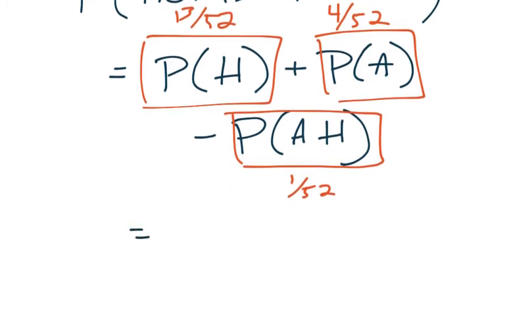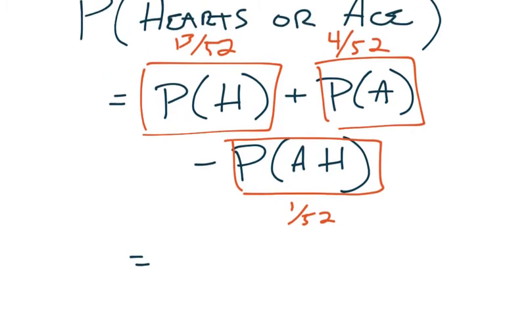Exactly one card in the deck is the ace of hearts. So this would be 4 out of 52 plus 13 out of 52, which would be 17 out of 52. Minus 1 would be 16 out of 52.